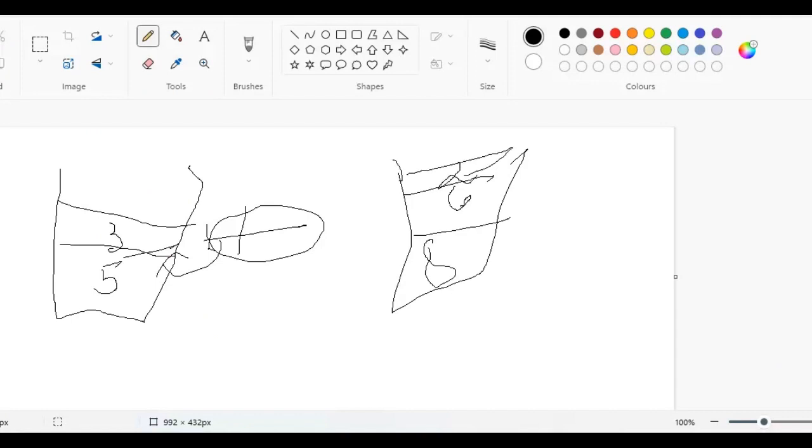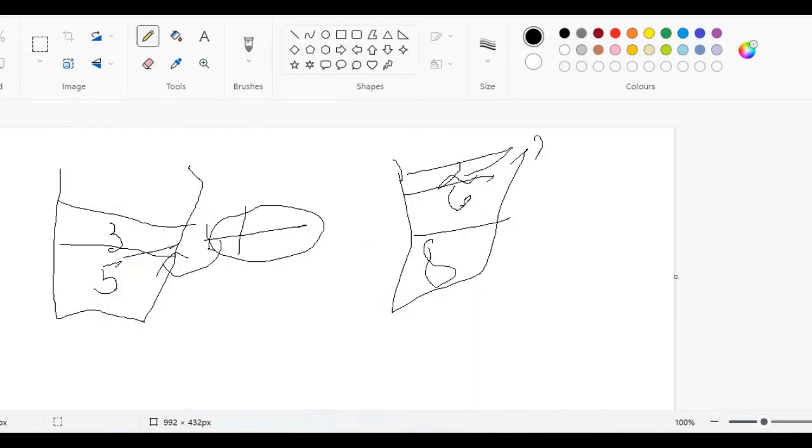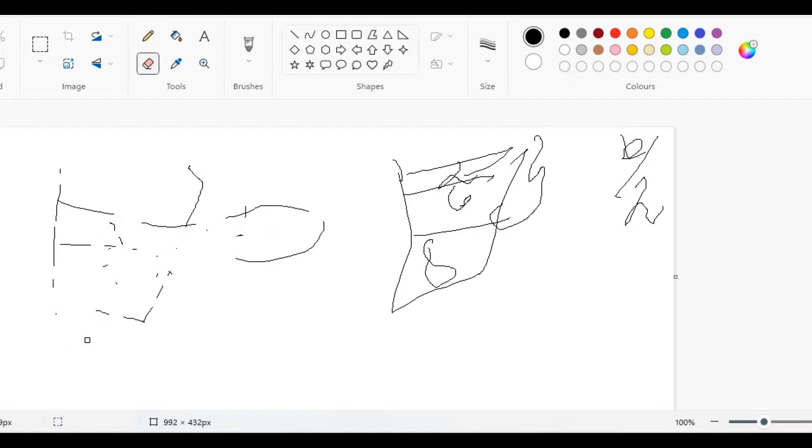Then 2 comes, then the division symbol comes. As I told you before, we must take the last two numbers and divide them. What is 6 divided by 2? It is 3. In the place of 6 and 2, the answer 3 will be substituted.